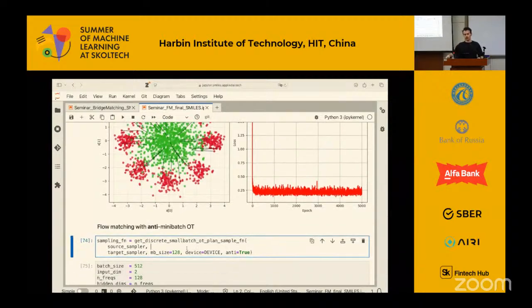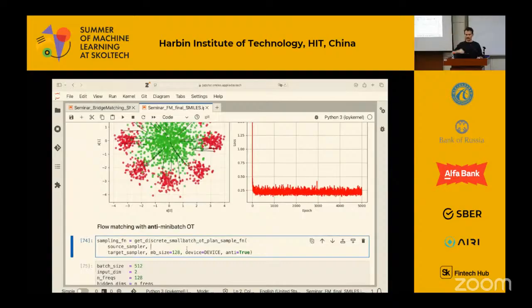Optimal transport basically tries to find the pairs of samples from x0 and x1 that are minimal in terms of the energy spent for translation, or the L2 norm between them. And here we will try to not minimize the L2 norm, but maximize it.